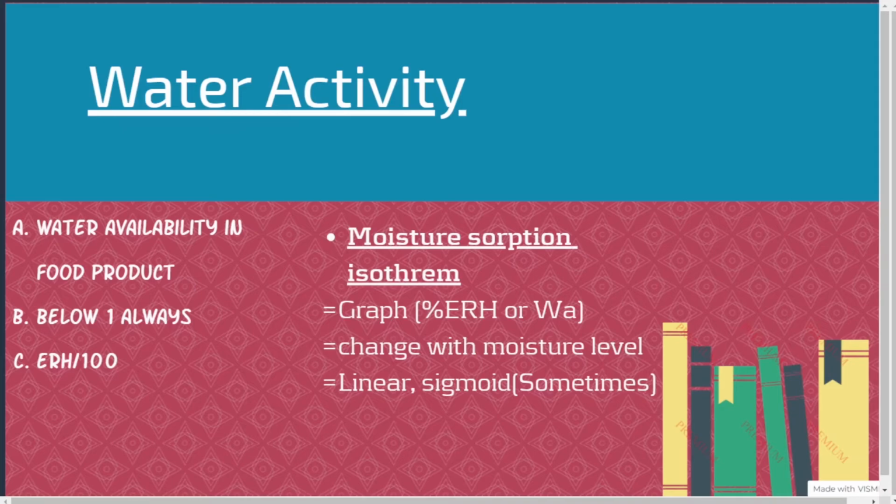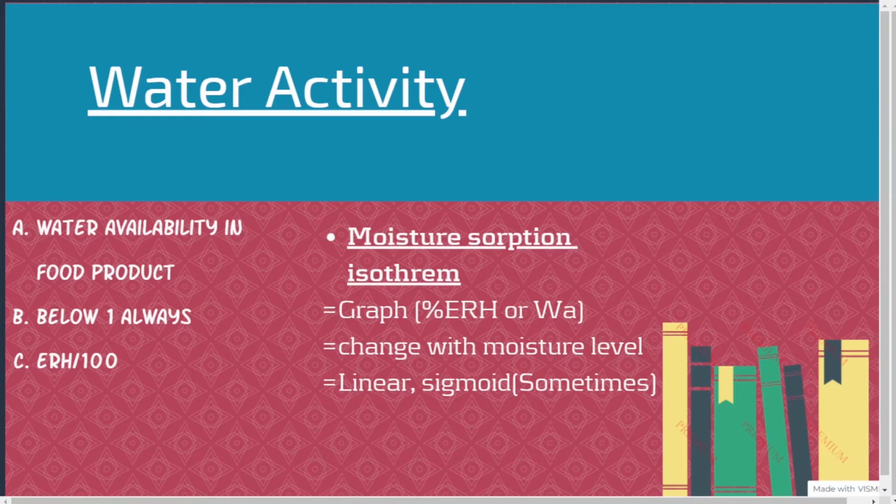Why is water activity always less than 1? It's basically because the water present in food is bound to solutes and the surface of the food, because of which water activity is always less than 1.